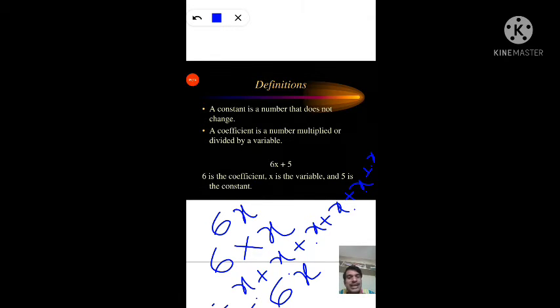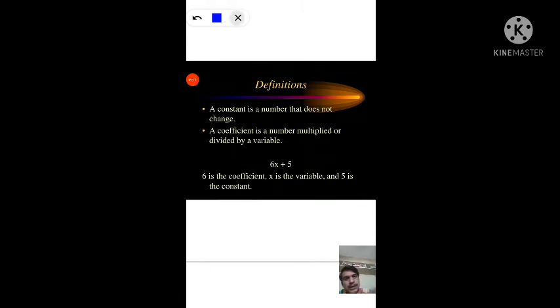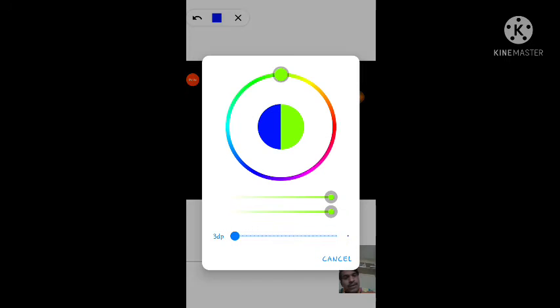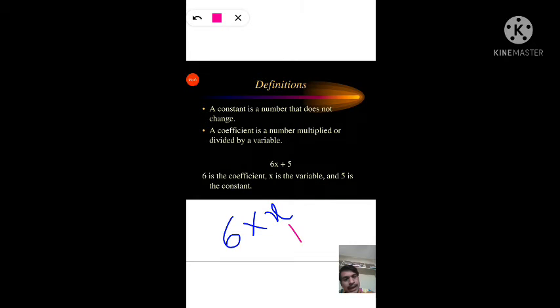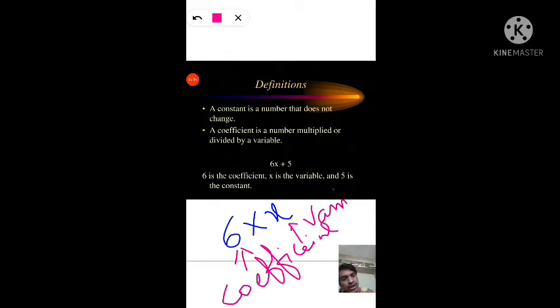Now in this particular term 6x, 6 into x, here x is called a variable, and this 6 is called the coefficient of this particular variable x.